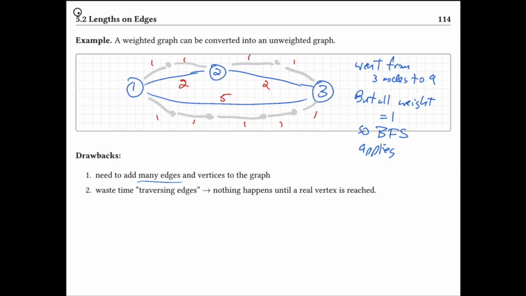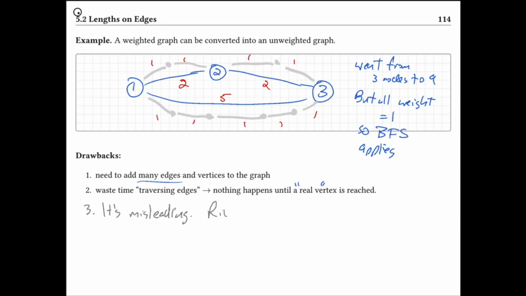And we would waste time traversing edges that really have no meaning, right? So nothing happens until we reach maybe a real vertex, which, you know, these ones have been predefined, 1, 2, and 3. And when we're visiting these weird vertices that don't really exist, we have to keep moving, right? So I would say there's also a risk that it's misleading.